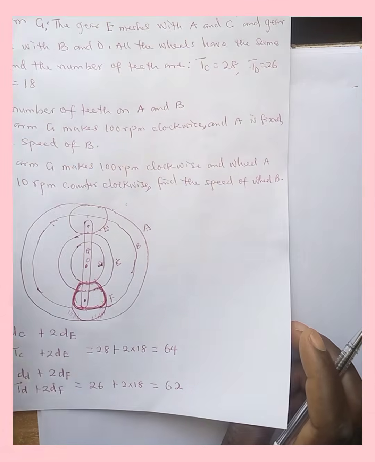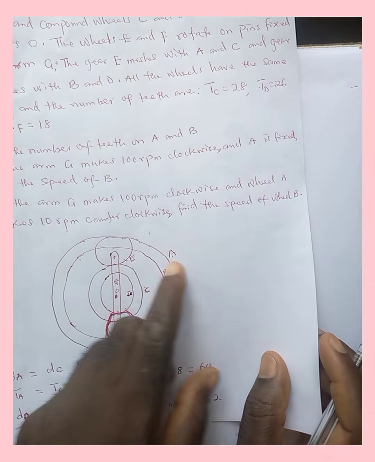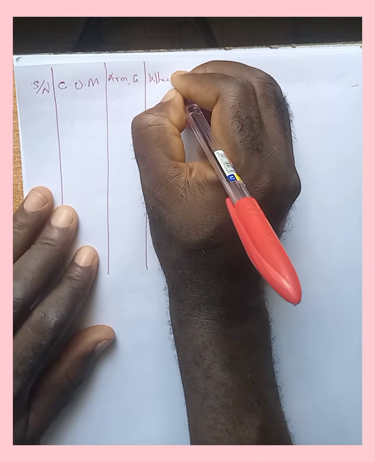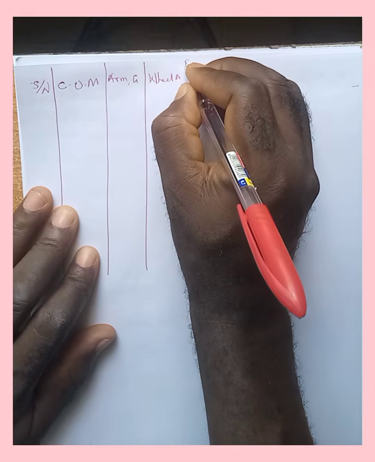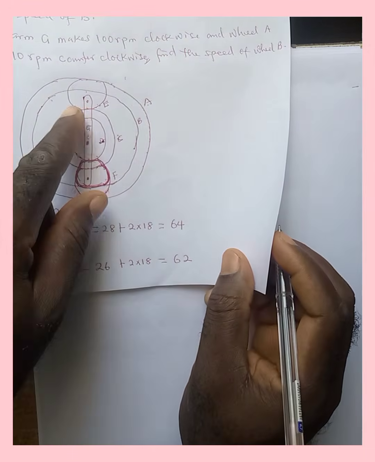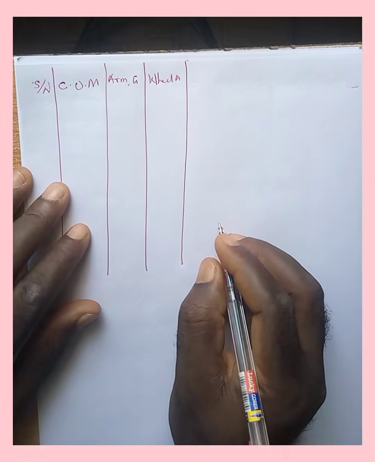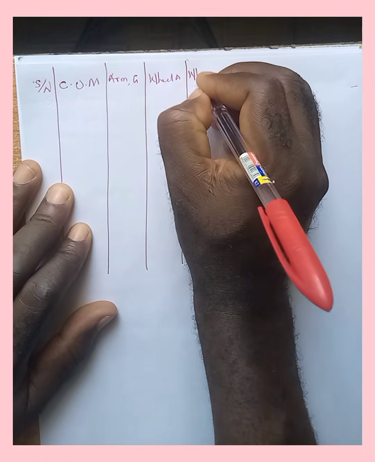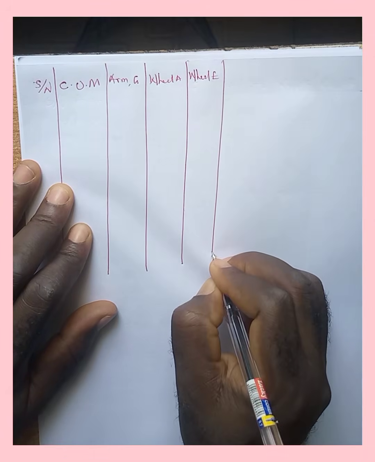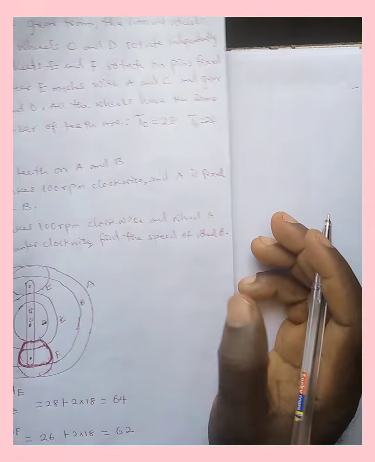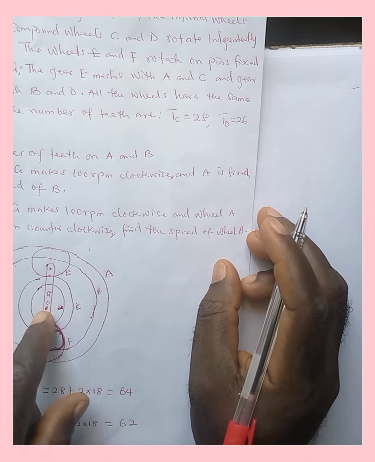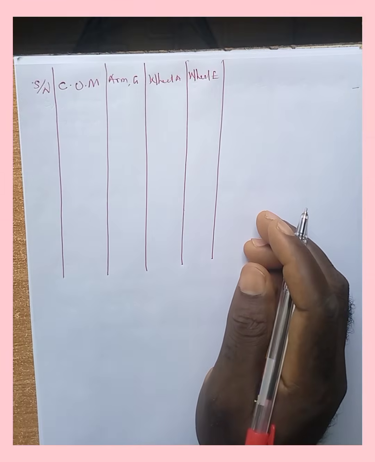So for that reason, I'm going to start with wheel A. Wheel A. Then after wheel A, what next? As you can see, A drives E. Then it will be wheel E. Then after wheel E, E drives C and D, because both of them are compounded together.